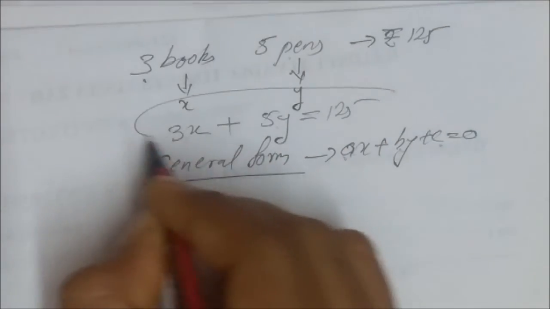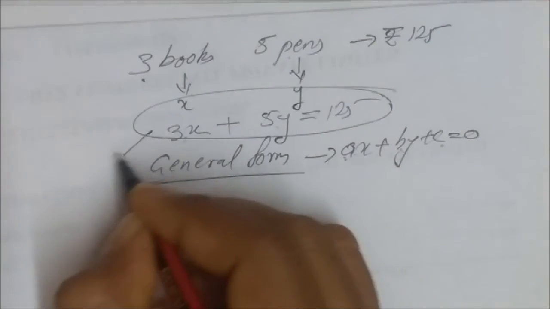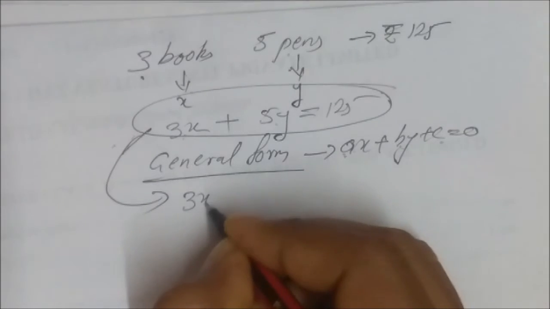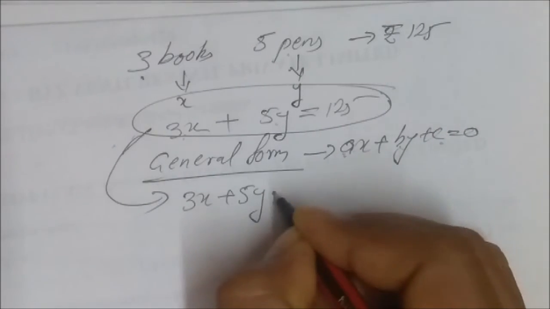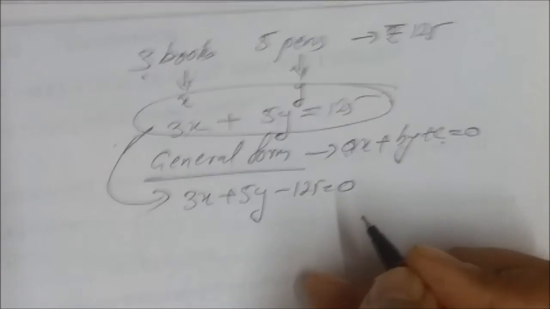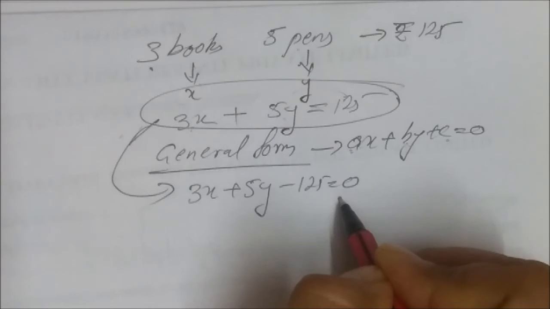This equation is not in the general form, so we have to convert it. How can we write it in general form? 3x plus 5y minus 125 is equal to 0. Clear? I just take 125 to the left side and I get the standard form.